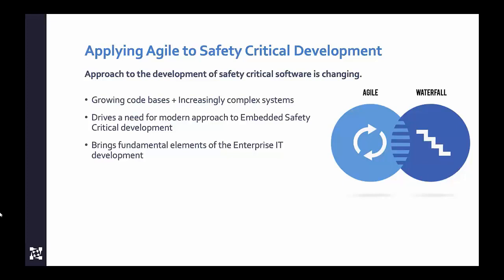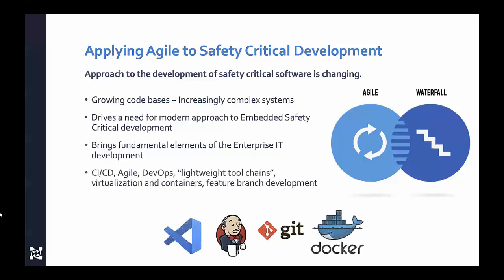We're seeing those organizations grow by bringing in team members who had previously been working at more of an enterprise organization rather than a safety critical organization. So bringing in those practices and the technologies that those teams are able to already leverage really helps the safety critical teams accelerate their deliveries.